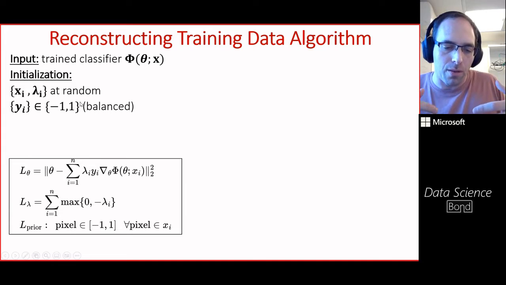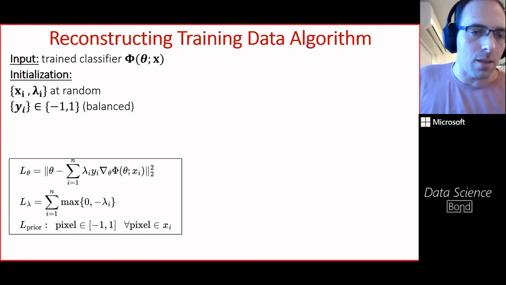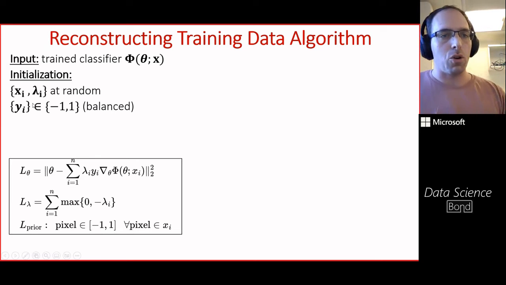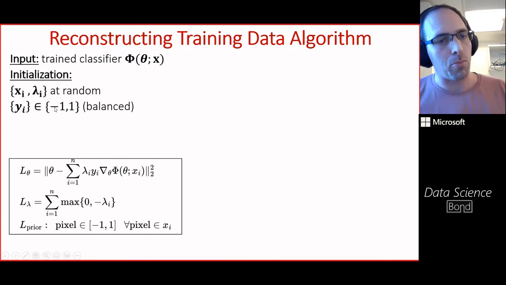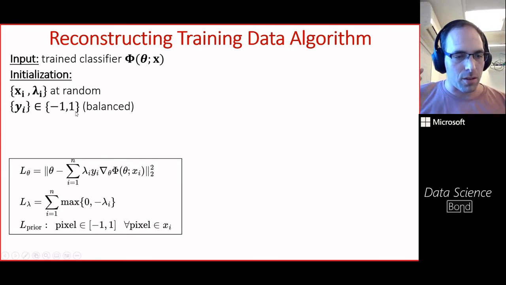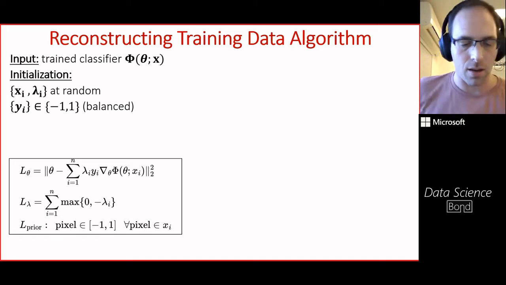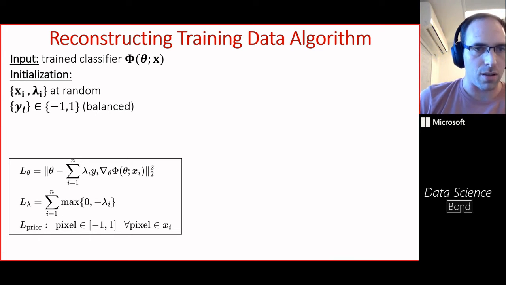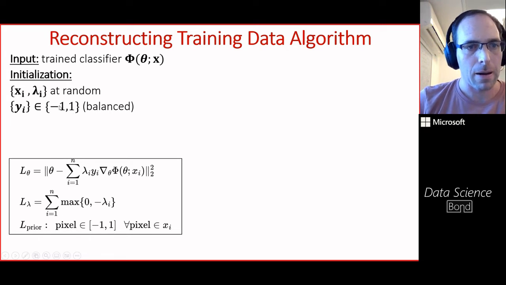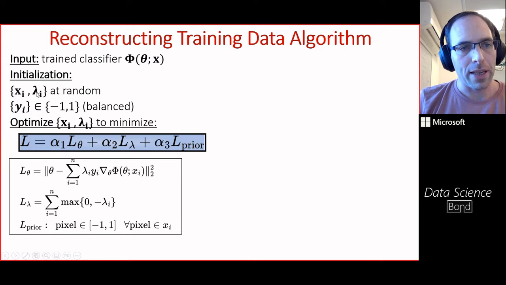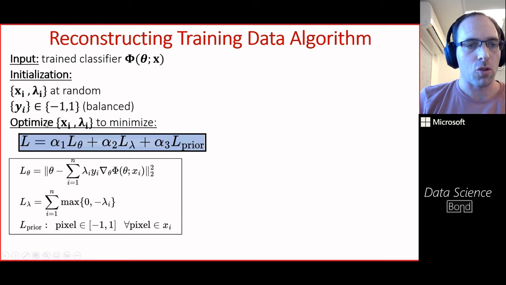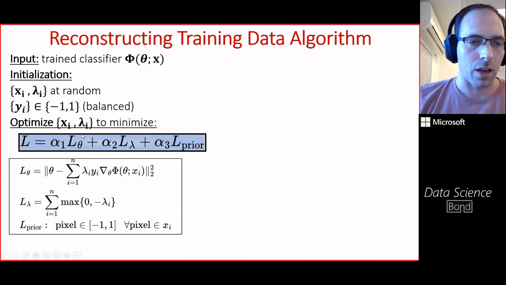So we just say we want to find 1,000 x's, 500 belonging to the positive and 500 to the negative. I can talk about it offline. It's not the most important thing, but you can show that it is good enough to do it this way, in a balanced manner. And once we initialize our parameters, we just optimize them to minimize the loss, like I showed in the beginning.